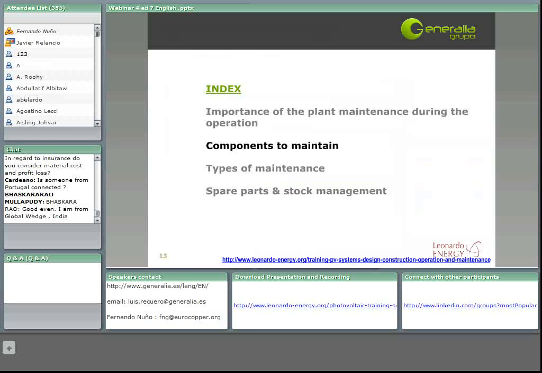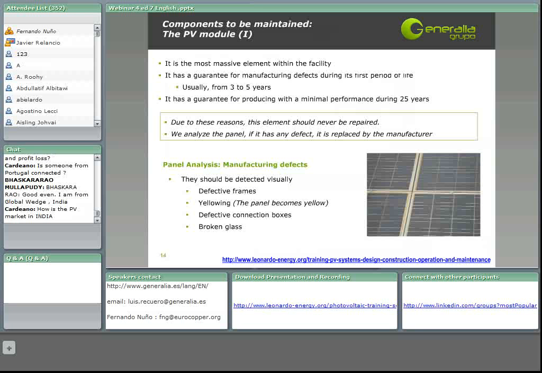So, now we will see which are the main components to maintain in our solar PV facility. The first component to maintain will be the PV module, as it is the most massive element within the facility.